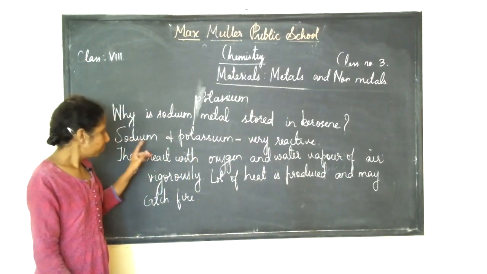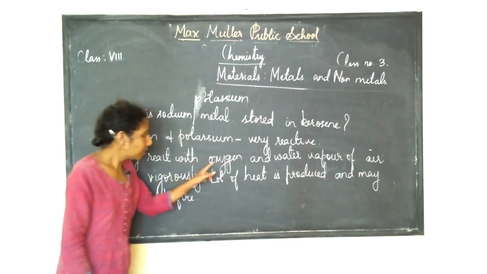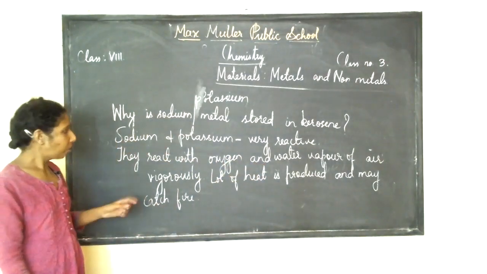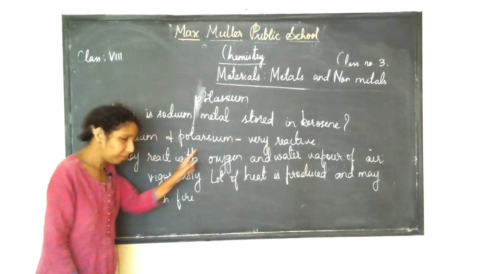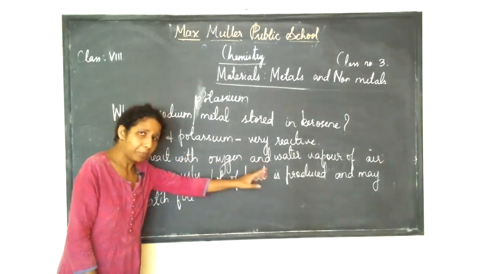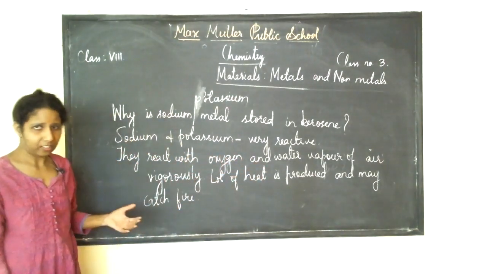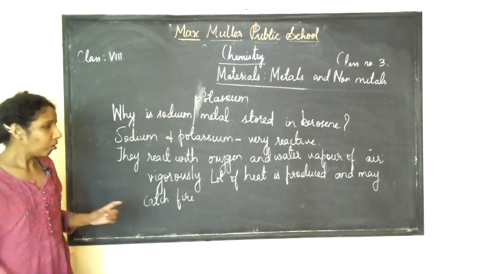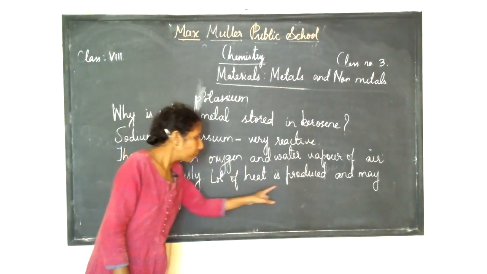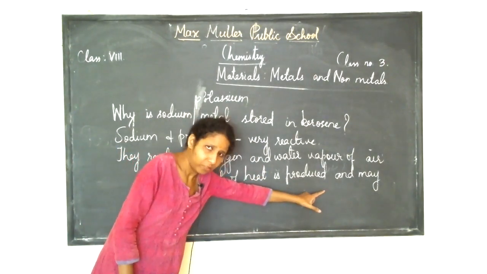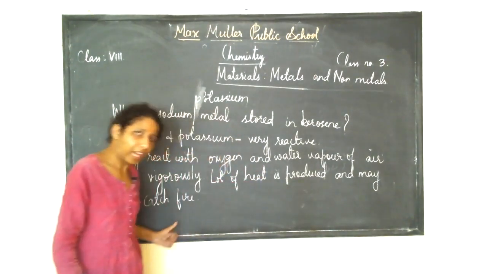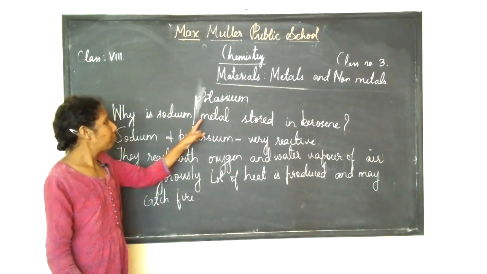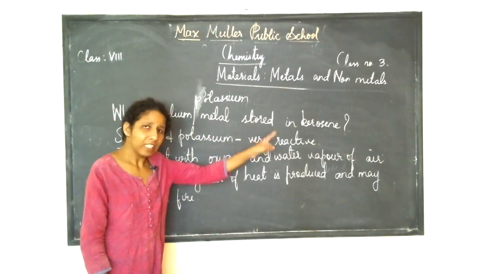The reaction of sodium with oxygen and water vapor is vigorous, or the reaction of potassium with oxygen and water vapor of air is vigorous. The reaction takes place immediately, and hence a lot of heat is produced and may catch fire. To prevent that, sodium and potassium metals are stored in kerosene.